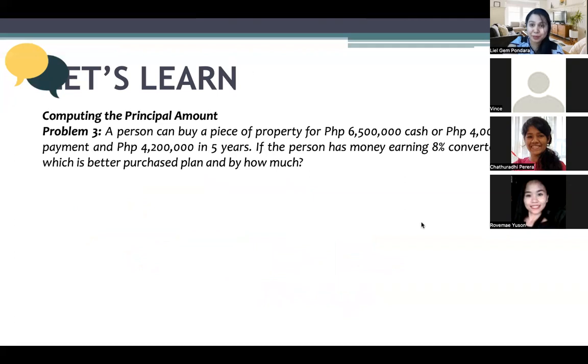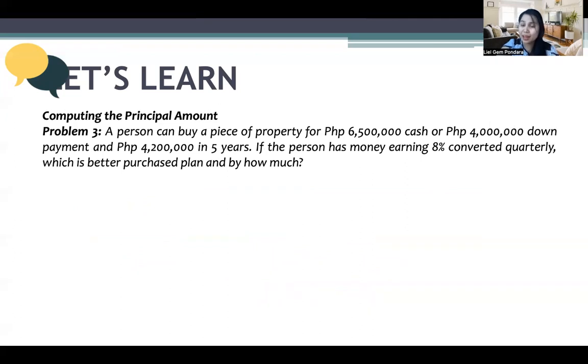Let's go to the third problem. A person can buy a piece of property for 6,500,000 pesos cash. Or the other option is there will be a down payment of 4 million, and after 5 years, what's interesting in simple and compound interest is you just pay the whole amount at the end of the period.